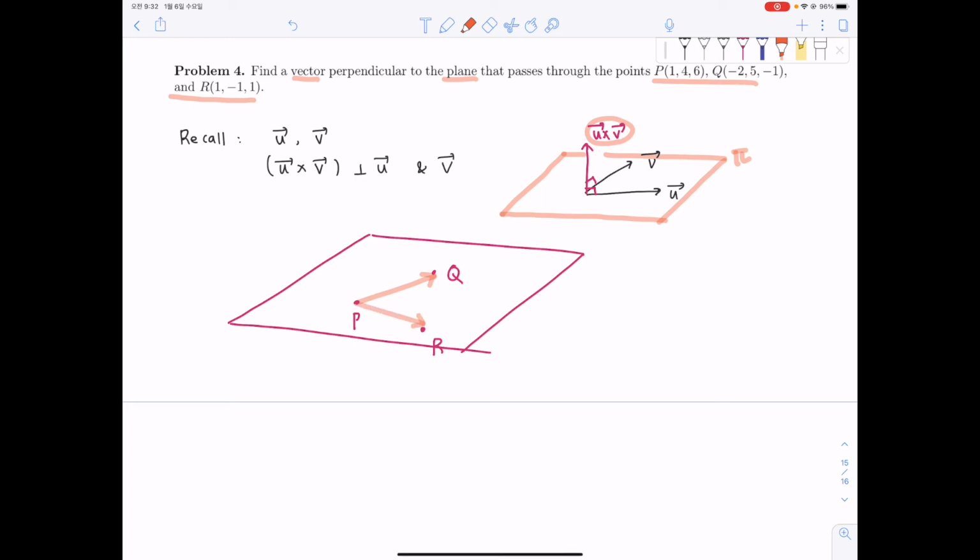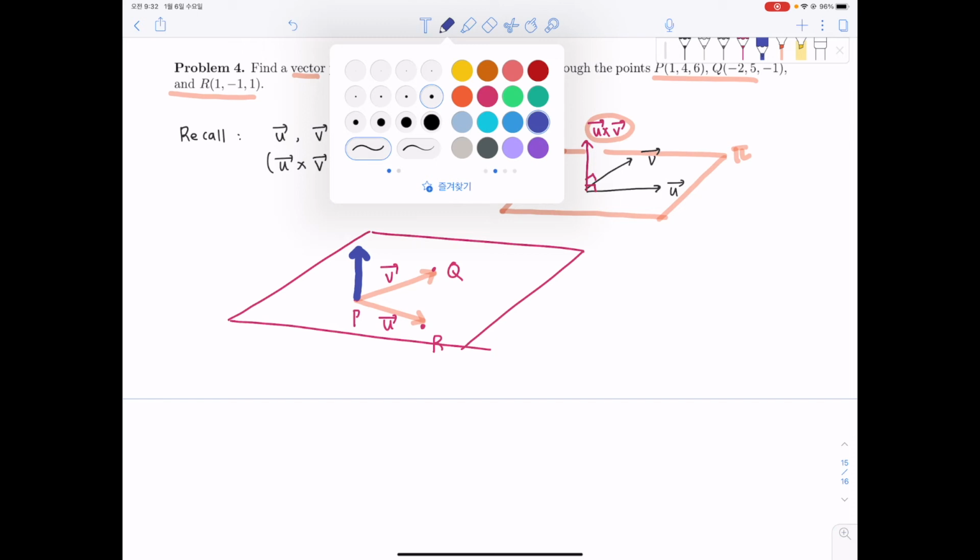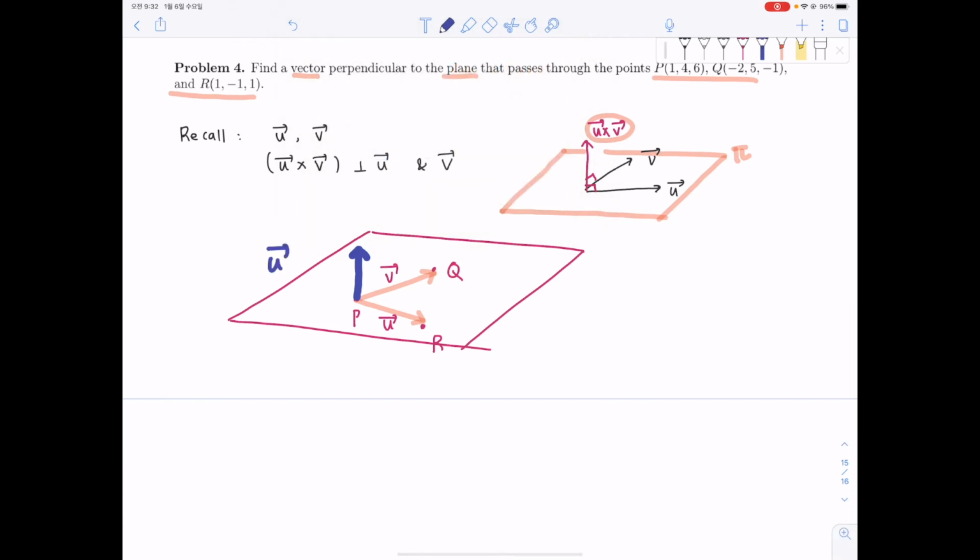So we can find two vectors like this. So let's say it is v and it is u. Then we can find the vector perpendicular to the plane by calculating u cross product with v.